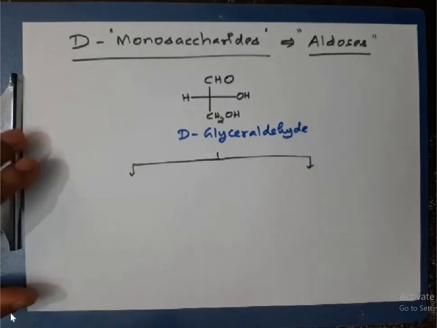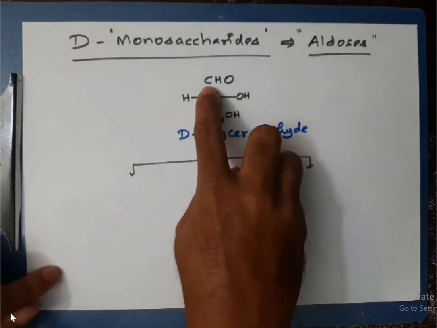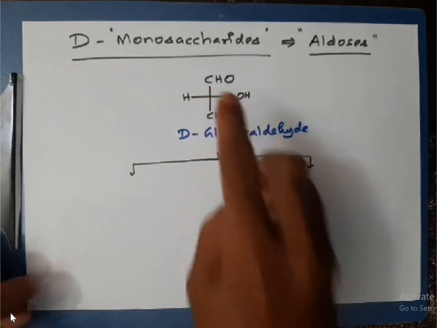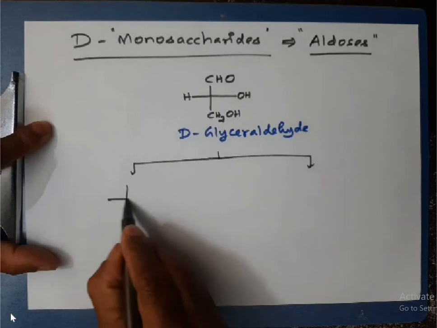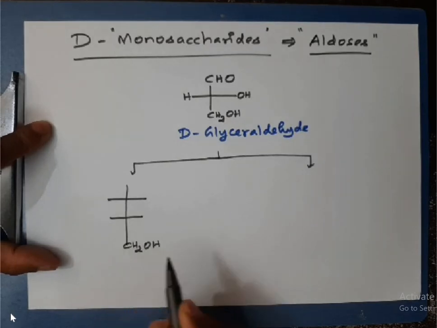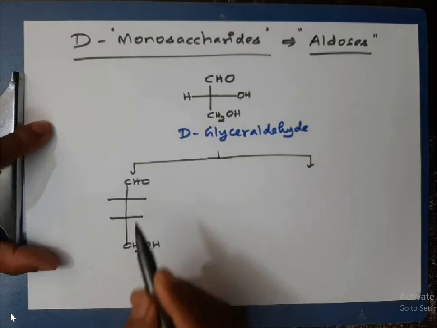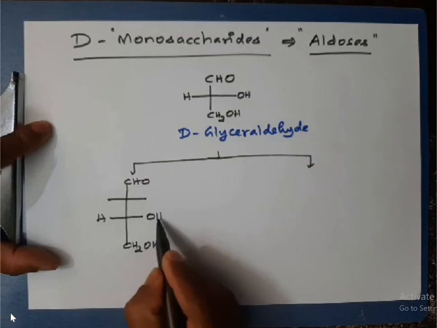I'm going to introduce one more carbon below aldehyde, that is between the aldehyde carbon and the next carbon. So if I introduce CH2OH and we have HCHO, and this asymmetric carbon, I keep it as such.